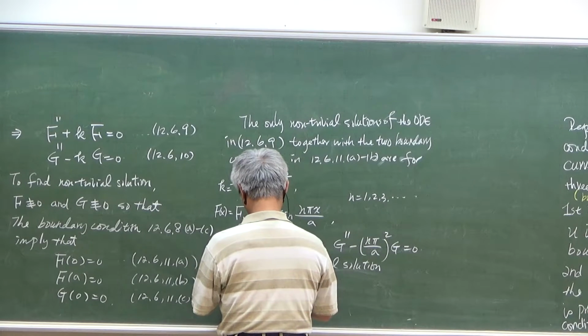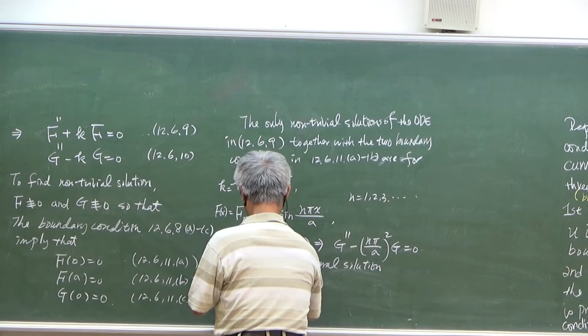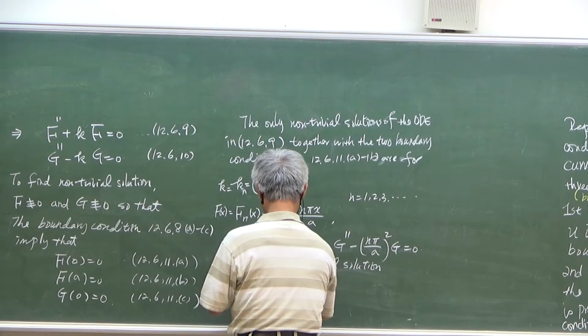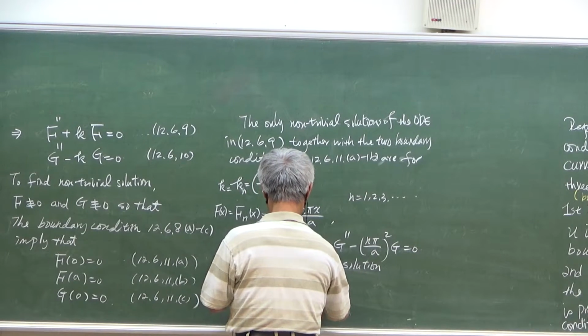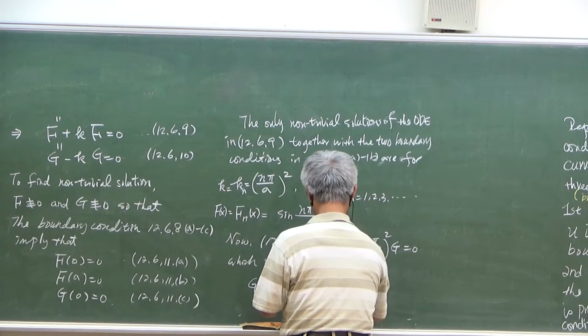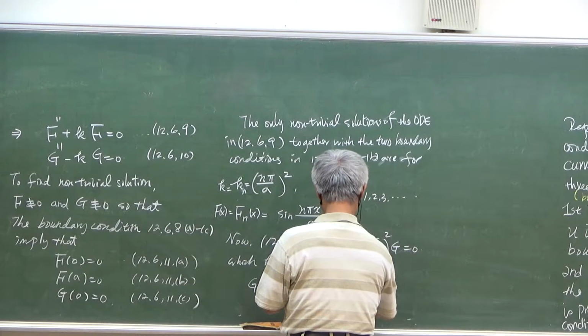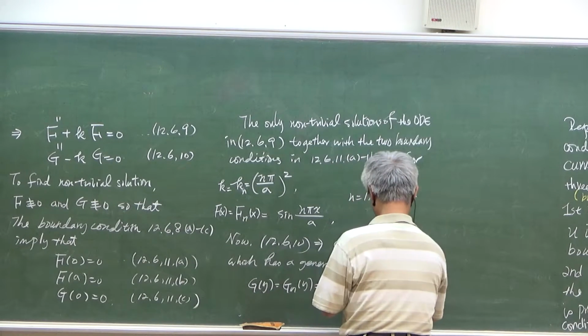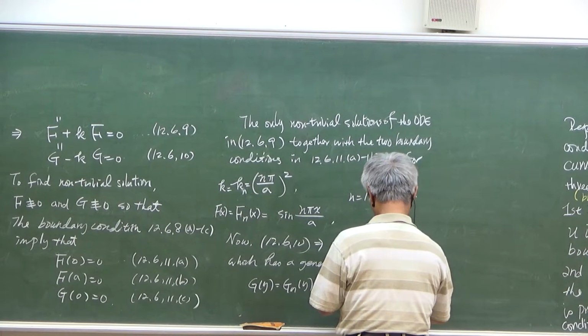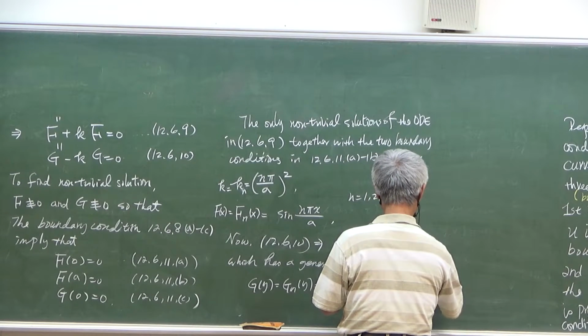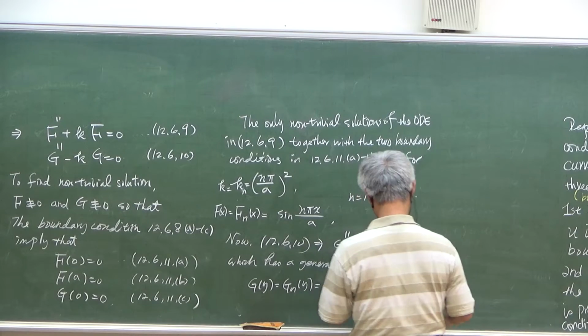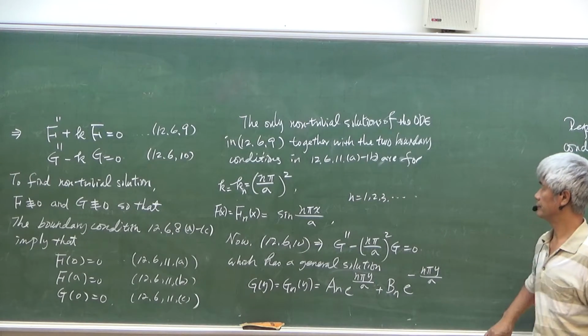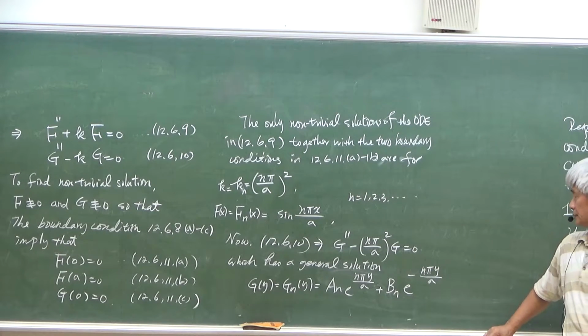G of y equal to g n of y, which is a_n e to the n pi y divided by a plus b_n e to the minus n pi y over a. This is the general solution.